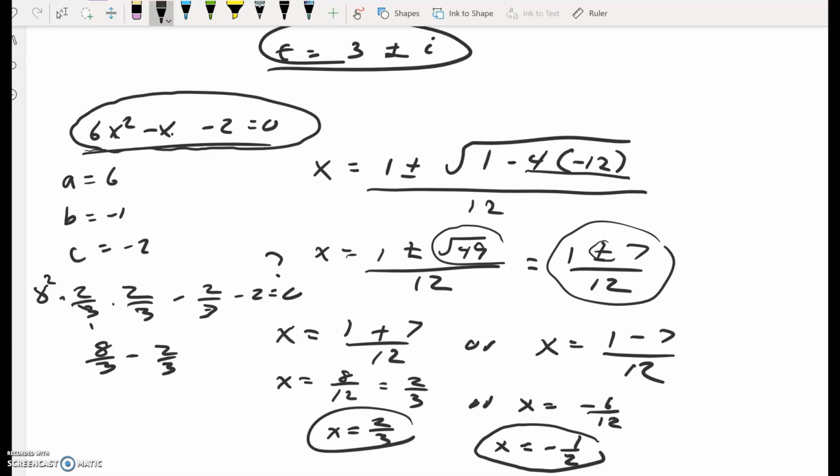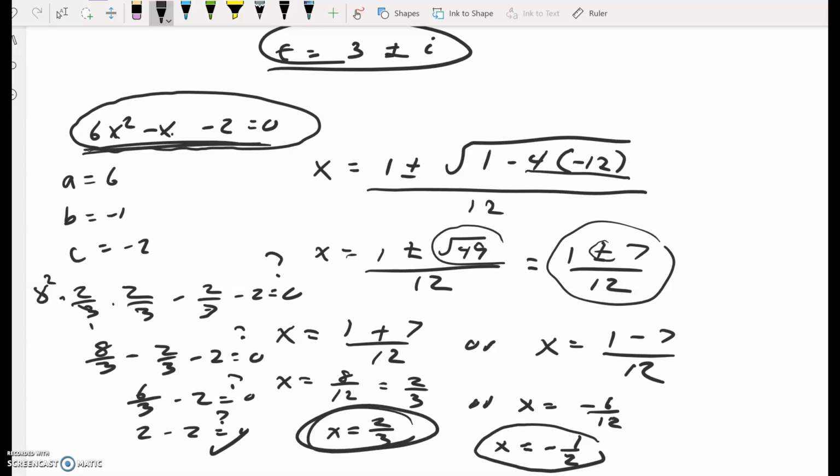Take away 2/3, take away 2 is supposed to be 0. 8/3 take away 2/3 is 6/3, take away 2 is supposed to be 0. 6/3 is 2. 2 take away 2 is supposed to be 0. Check. So 2/3 would check if you did this work, and so would -1/2, and we're done.